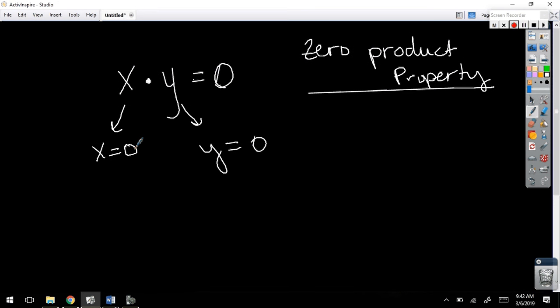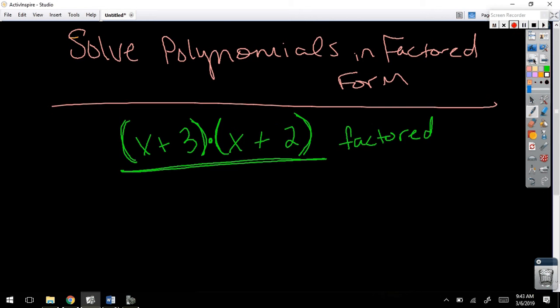So let's go back to that original problem that I put on the board initially. Let's say in this factored form that I told you that x plus 3 times x plus 2 equals 0.